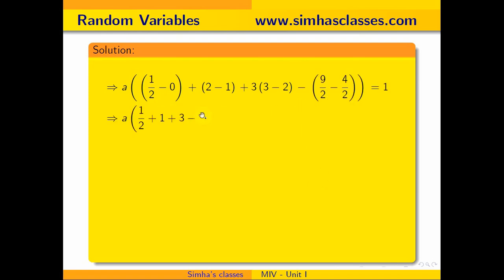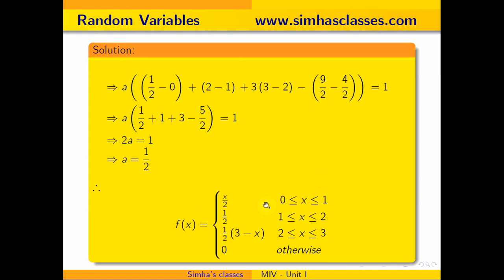I'm getting 2a equal to 1, so a equal to half. In this case, my f of x is equal to this. In place of a, I'm substituting 1 by 2, so it is x by 2, then a is 1 by 2, and then 3a minus ax, taking a common, with a value 1 by 2. I'm writing it like this.